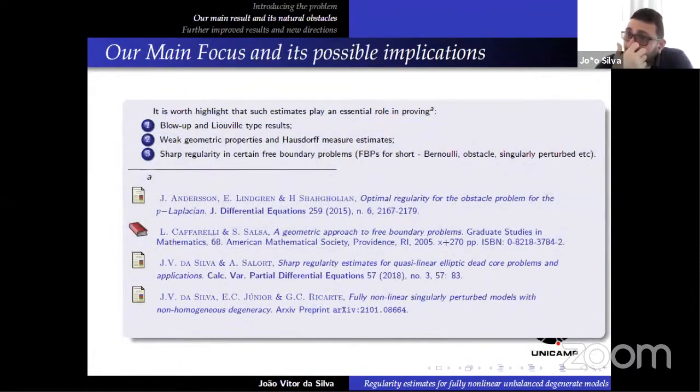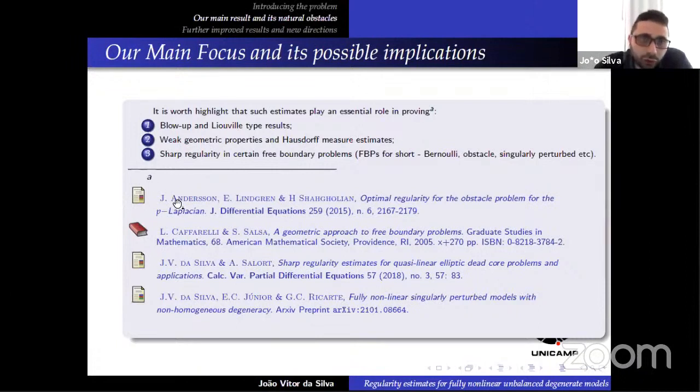These regularity estimates play a fundamental role, for example, in establishing blow-up and Liouville type results, with geometric properties and Hausdorff measure estimates, and sharp regularity in some free boundary problems. For example, Bernoulli type, obstacle type, and singularly perturbed problems.